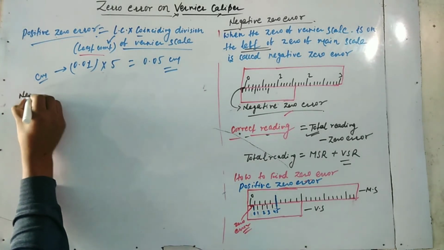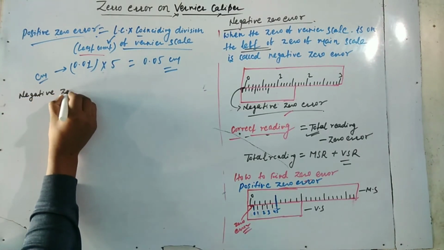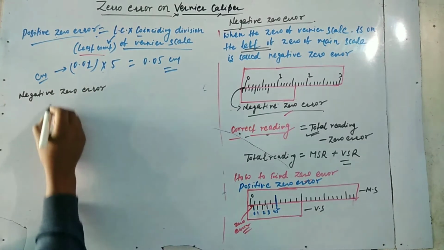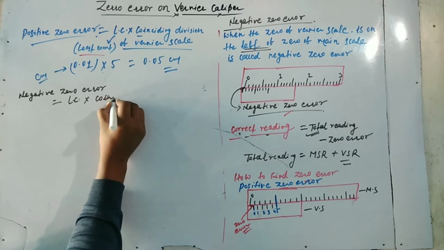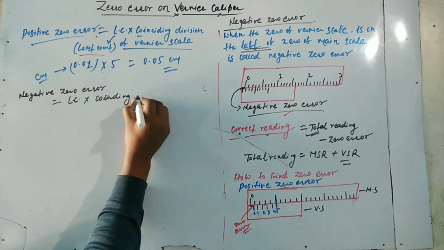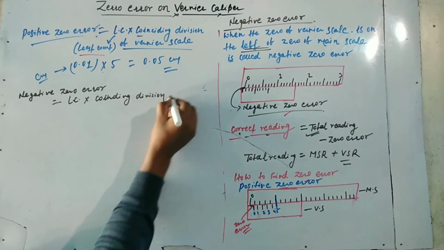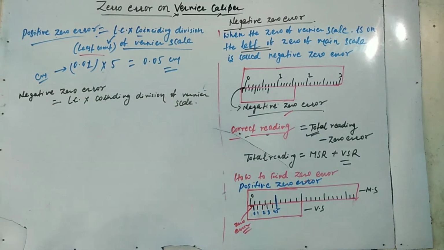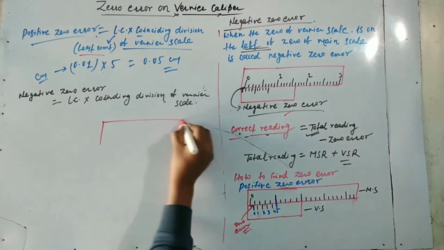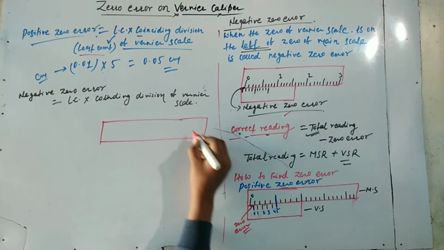Now negative zero error. So what is negative zero error? Negative zero error is least count into coinciding division of vernier scale, the same as positive zero error, but the sign will be opposite to positive zero error. So for negative zero error we draw one main scale and one vernier scale.